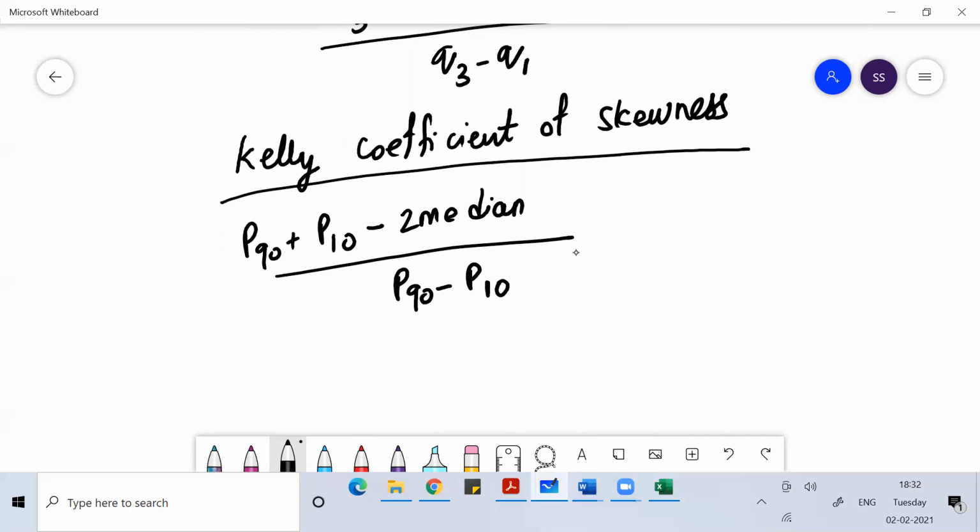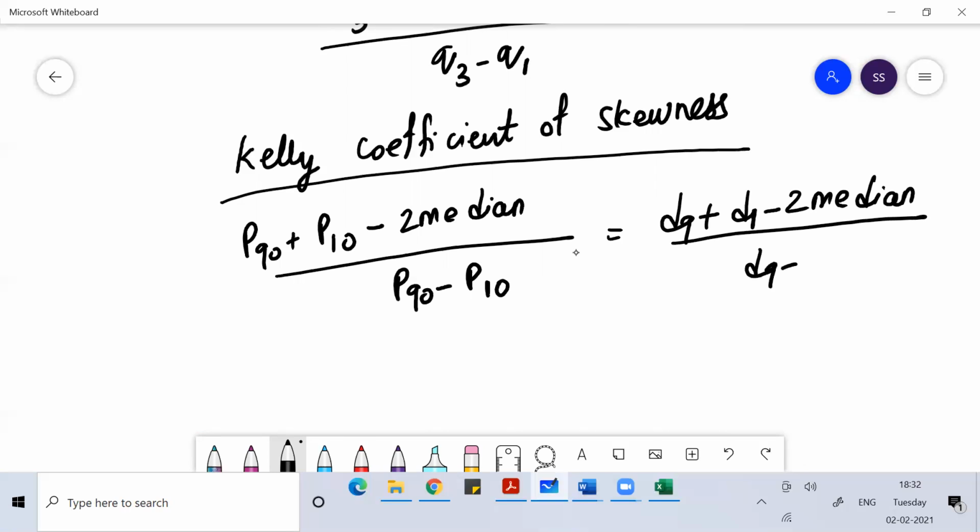I hope you understand Q1, Q3, P90, P10. I have already made videos on percentiles, deciles, quartiles and all. Similarly, the other formula of the Kelly coefficient of skewness is D9 plus D1 minus 2 times median, divided by D9 minus D1.